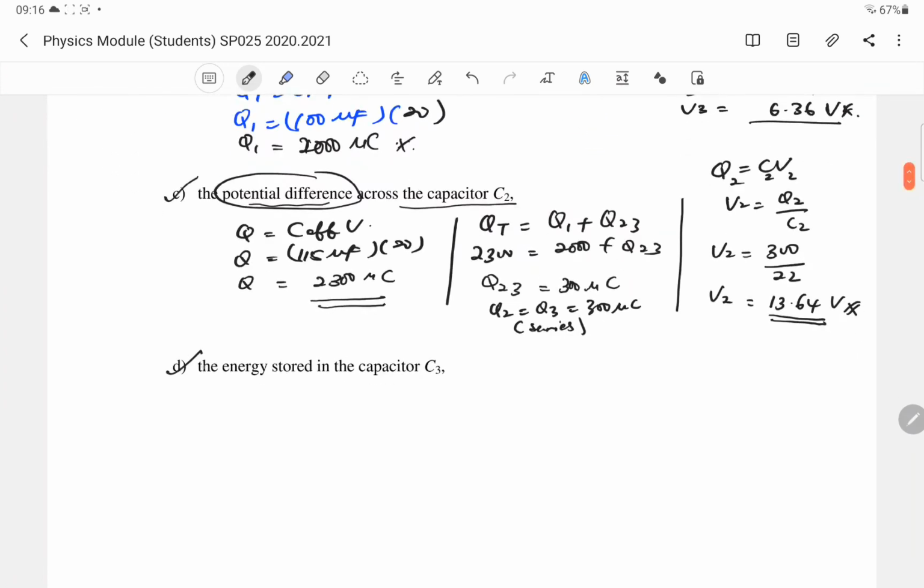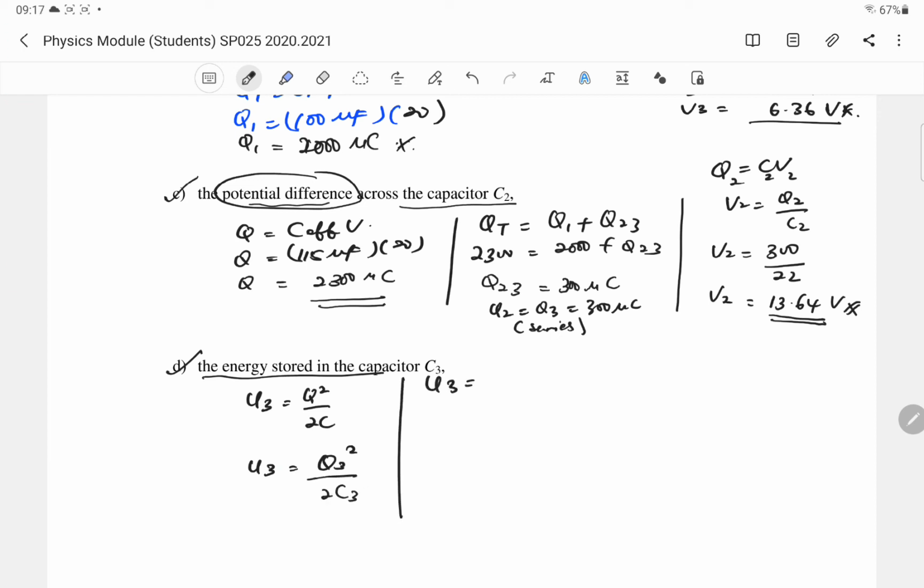Alright, so the other one, calculate the energy stored. Okay, so U3 equal to, can use Q square over 2C, or can use half CV square or whatever is related. So U3 equal to Q3 square over 2C3.